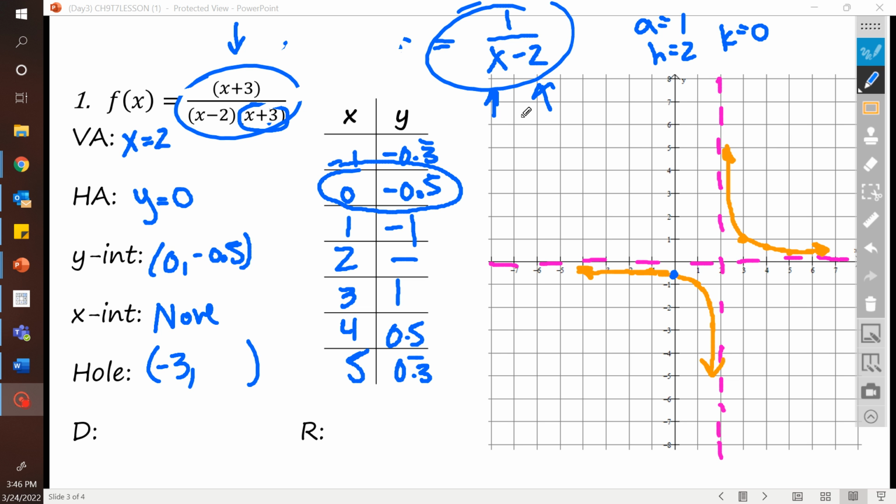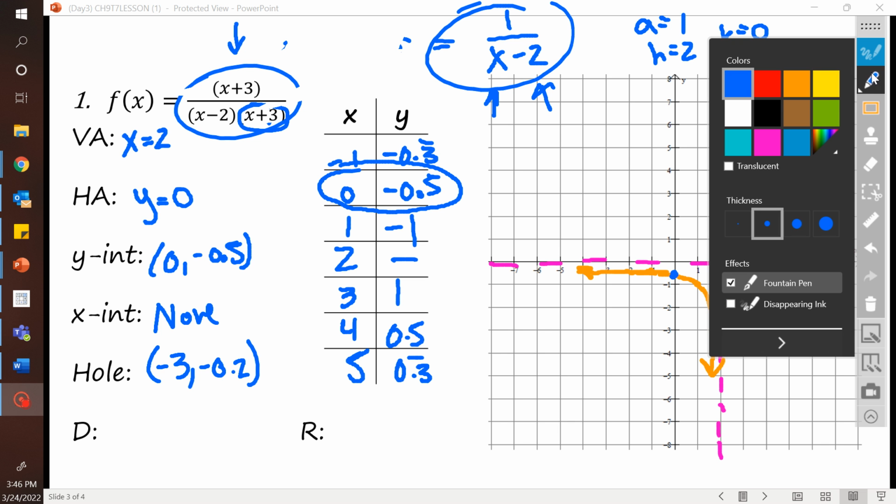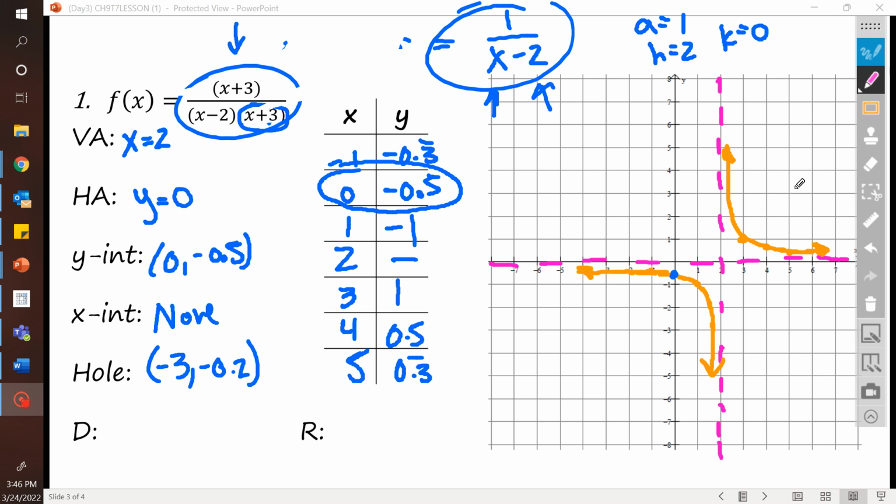So what we get is 1 over negative 5, negative 0.2. So we're going to go to that point and put an actual hole there to show that there's no point. So right here, (negative 3, negative 0.2), we're going to put a hole because there is nothing there. There's no point there, so we'll put a hole.